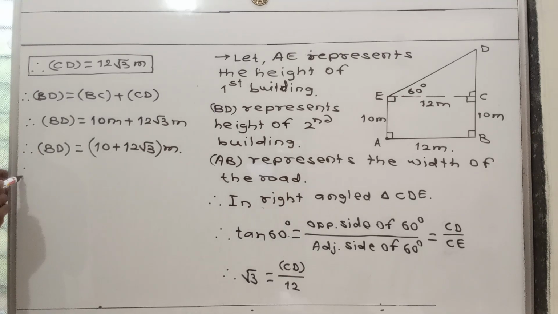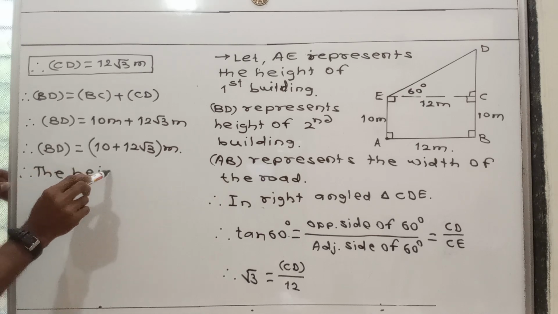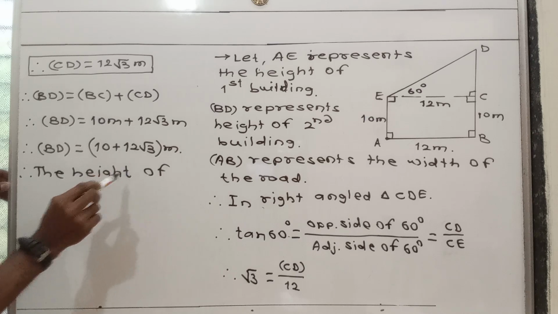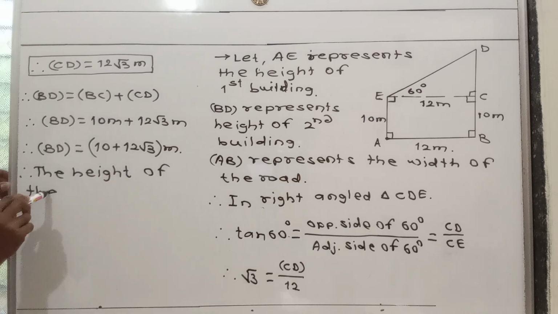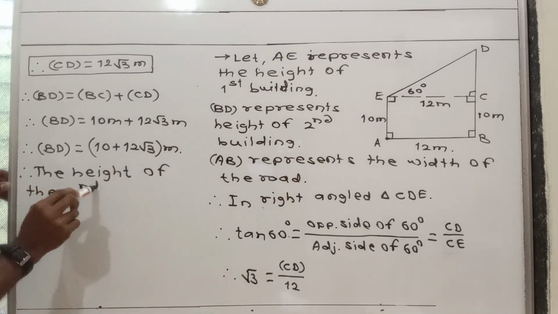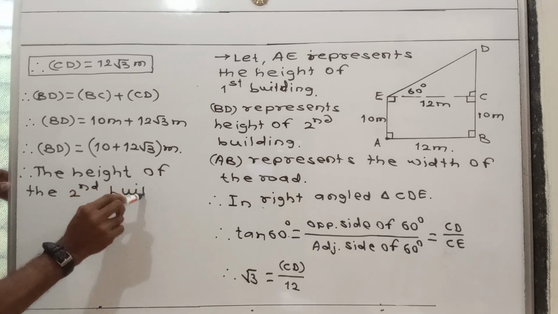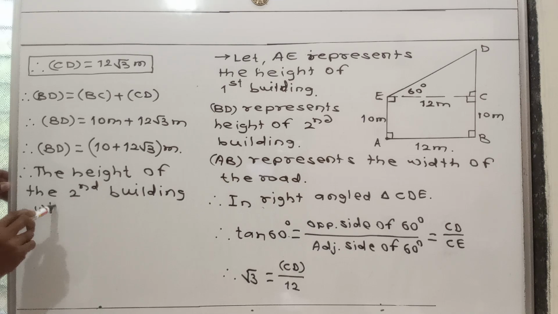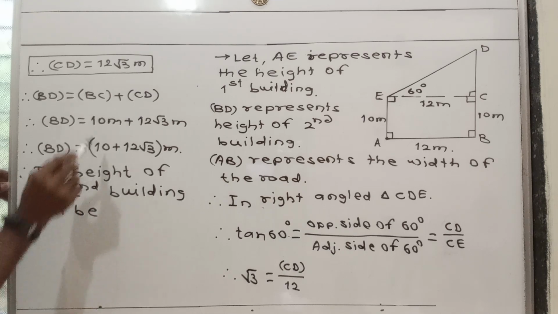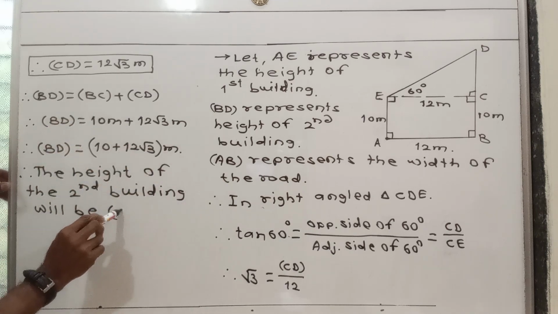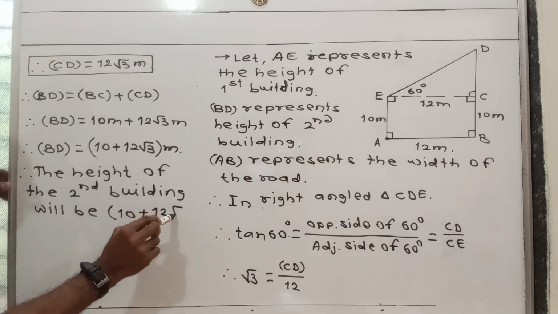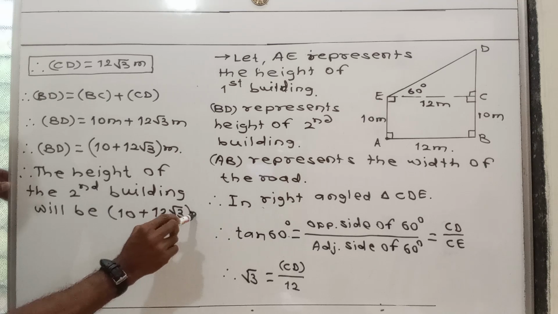Therefore, the height of the second building will be 10 plus 12 square root of 3 meter.